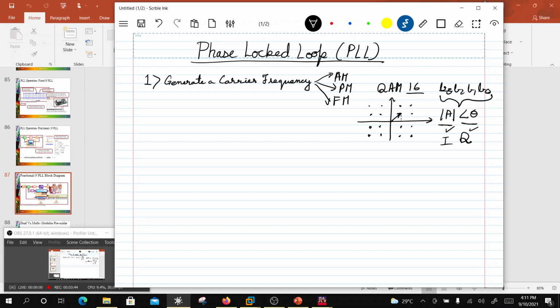So a polar representation of a single symbol can be converted to two signals which are orthogonal to each other, I and Q, and I can represent them as the two axes. These two axes are orthogonal, one represents I, the other represents Q. So this is a rectangular coordinate system. So I'm transmitting two signals, I and Q, for a given symbol or a set of symbols.